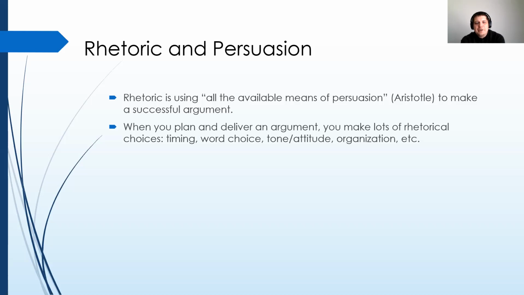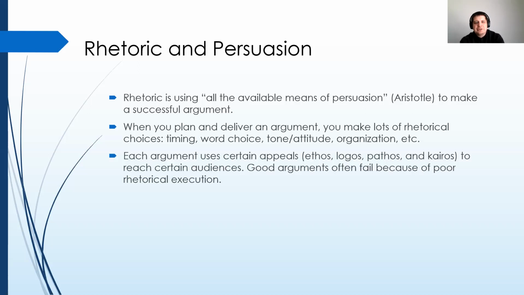I'll get to that a little bit more later. And some of them, actually a lot of them, will have to change depending on what has changed in that context and the way in which you're making those arguments. So I want to focus on the main rhetorical appeals of ethos, logos, pathos, and kairos today. I'll go over each of those in turn a little bit later in the lecture.